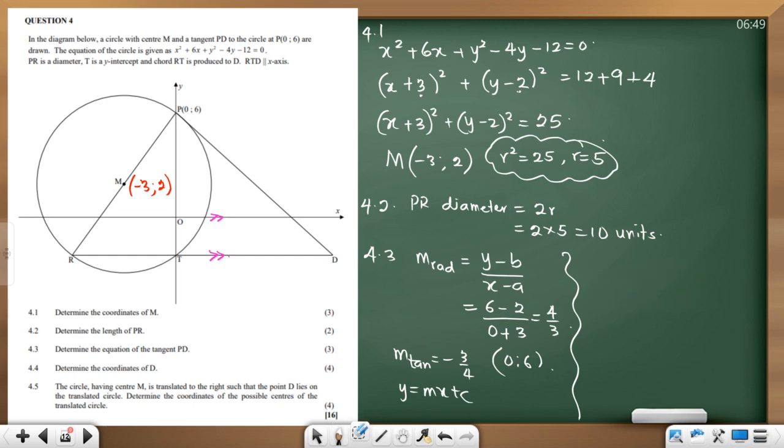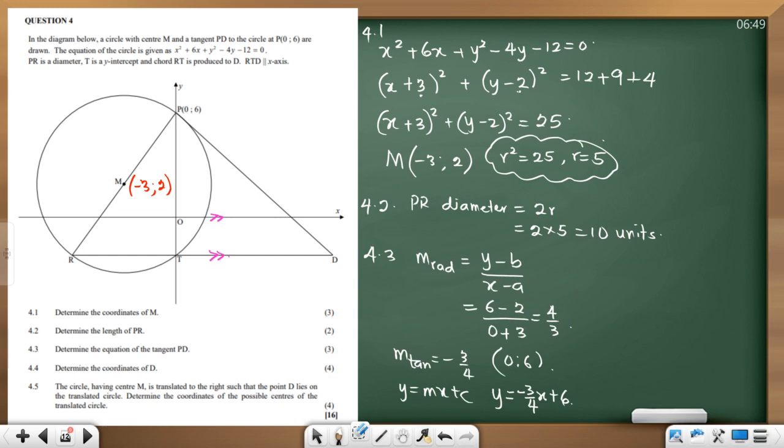We already know that 6 is the intercept. So what's our equation? Y is equal to negative 3 over 4x. What's our y-intercept? Because P there is the y-intercept, which is plus 6. We're done.